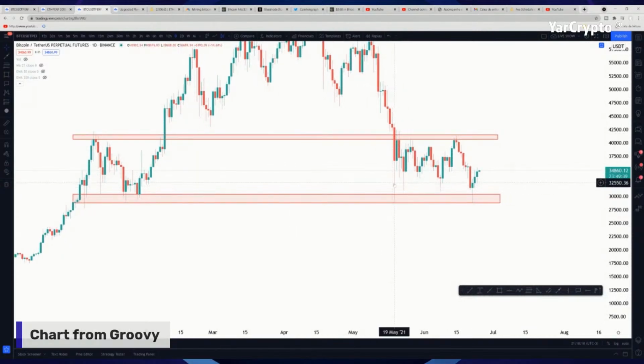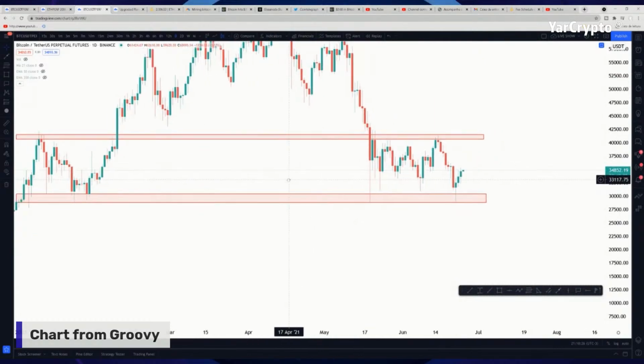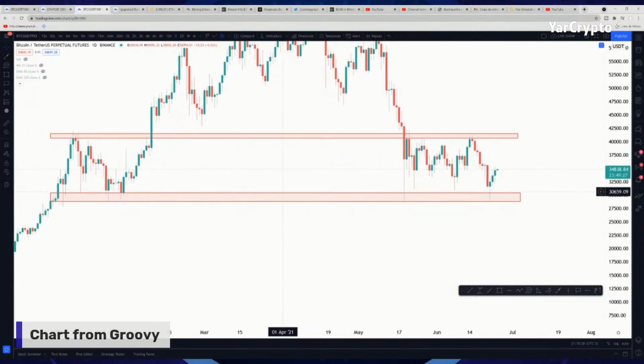Because some people were asking on our Discord about the Fibonacci levels, I'm gonna take the opportunity to make some Fibonacci levels here, because for this move it's very important, and we see some very confluent levels with the Fibonacci tool.